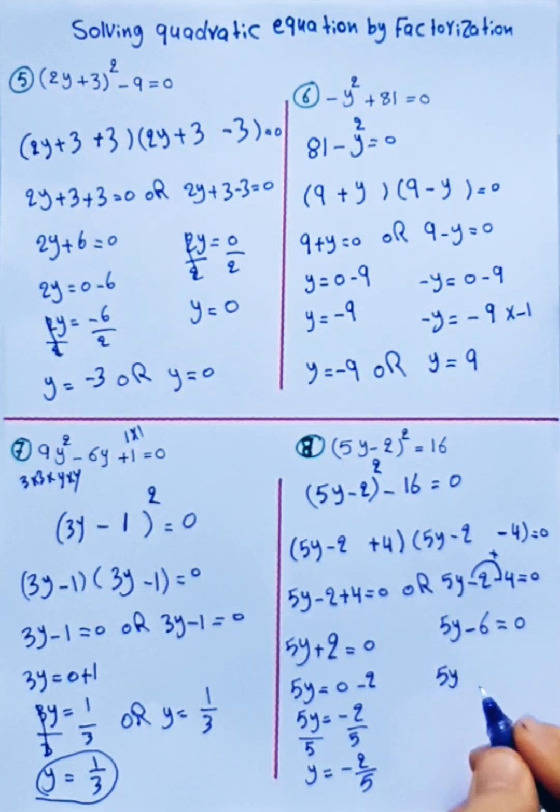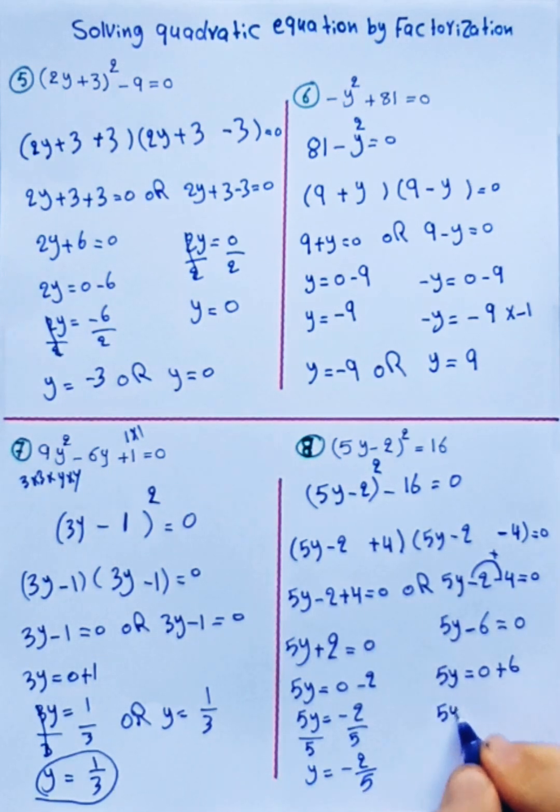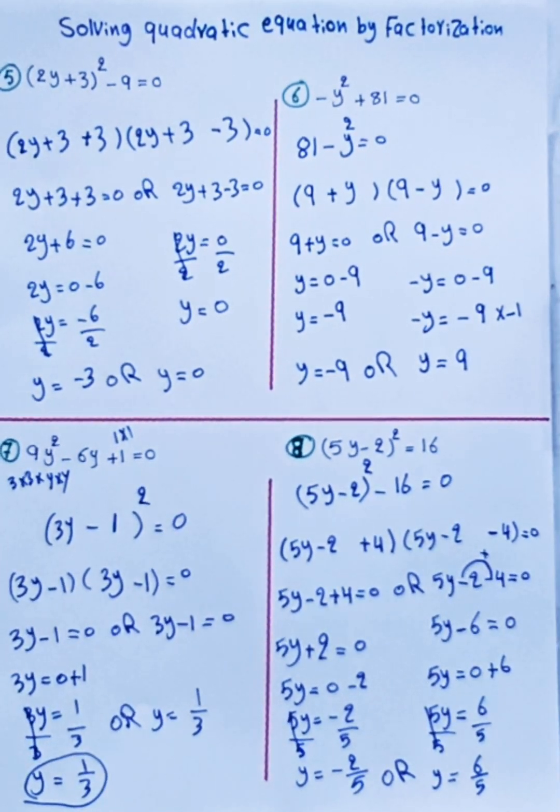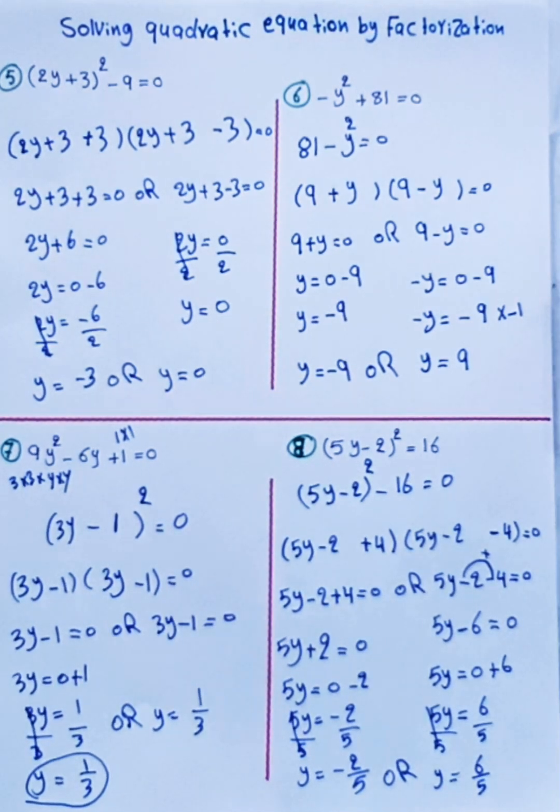So we have 5y equal to 0 plus 6, and then 5y equal to 6. We have to divide both sides by 5. These two 5's are cancelled, and then y equal to 6 out of 5. So the value for y is negative 2 out of 5, or 6 out of 5.